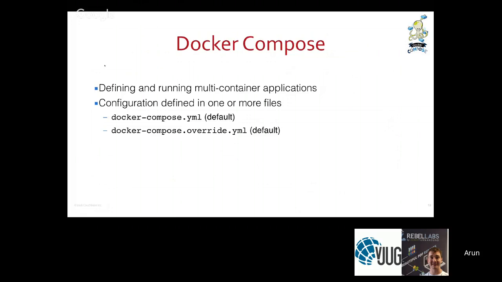And you can also have a docker-compose.override.yaml, which is again a default name that can be used to override the definitions in Docker Compose. And we'll look at why it is relevant when we are talking about impedance mismatch in a second. You can, of course, use multiple files specified using -f. So that's certainly possible.